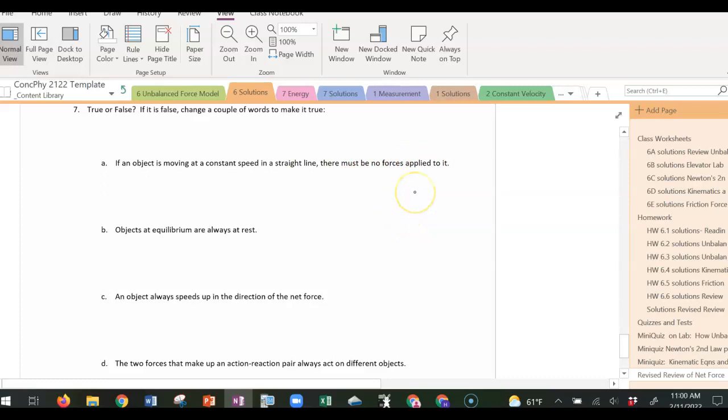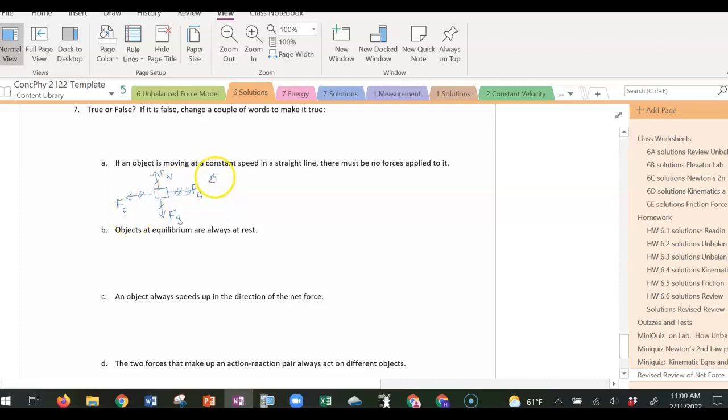Well, I know that's not true because in many cases we have talked about a situation where an object is moving at a constant velocity and there have been all of these forces acting on it, right? So if the normal force is balancing the gravitational force, if the friction force is balancing the applied force, this is just one example.